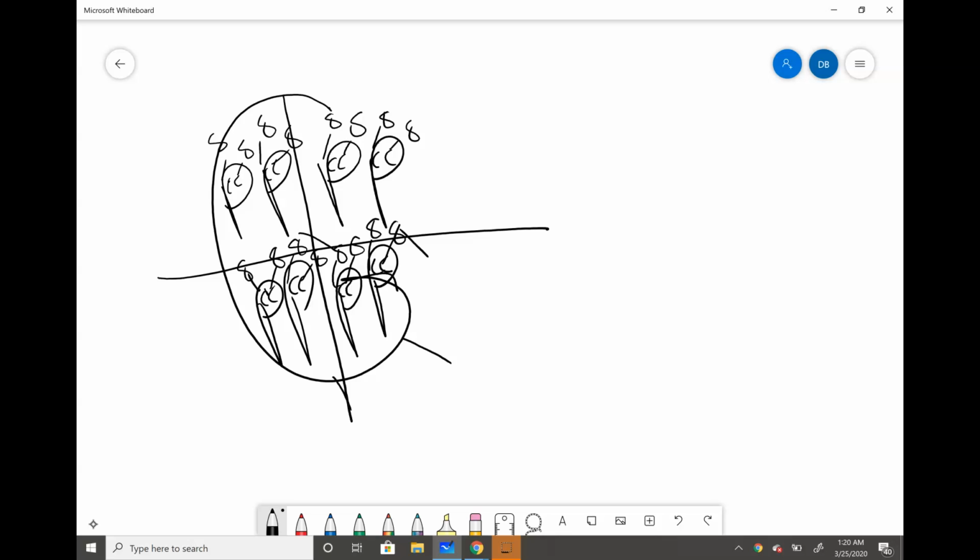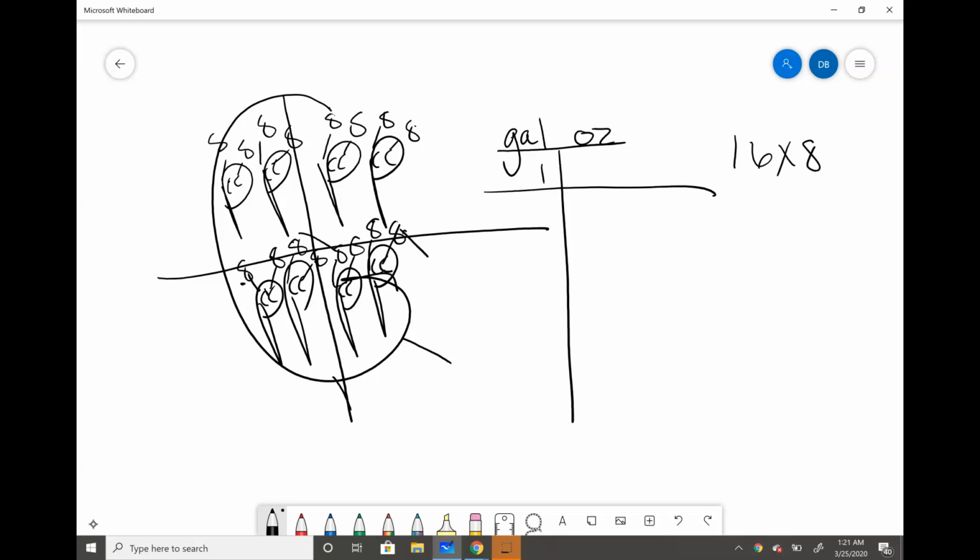But honestly, I believe that using the ratio table is one of the best ways to see it. Compare gallons to ounces. So let's say 1 gallon would be equal to 16 times 8.